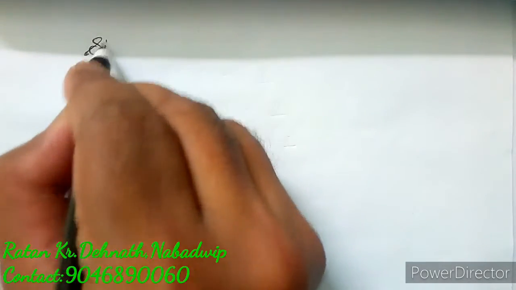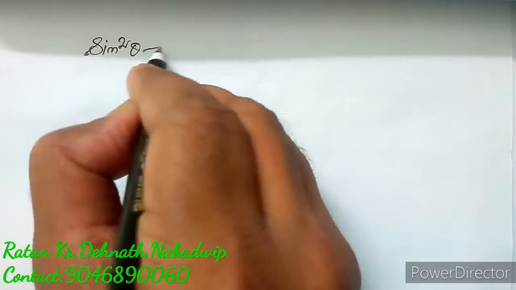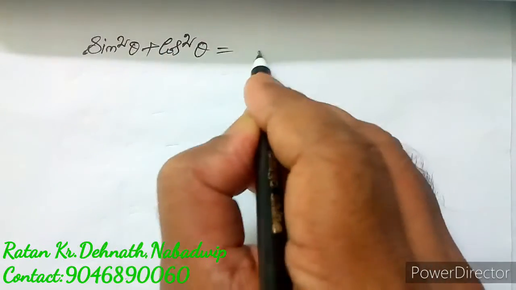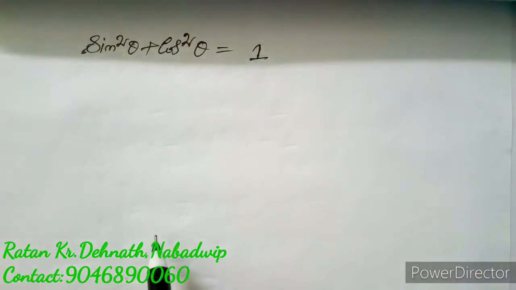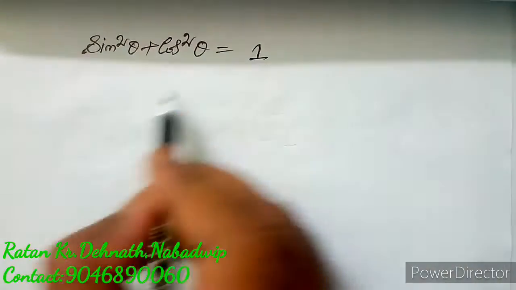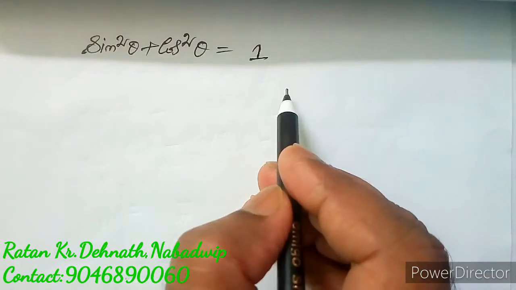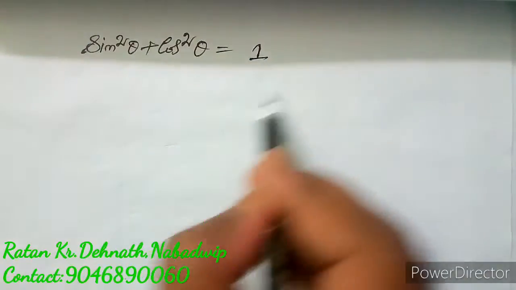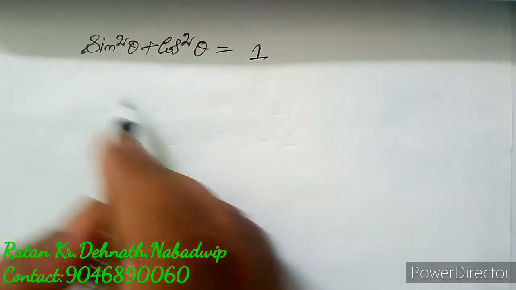Now when we apply this formula in a particular sum, it is not that we will get this form, sin square theta plus cos square theta equals to 1. We can change this formula in different ways.